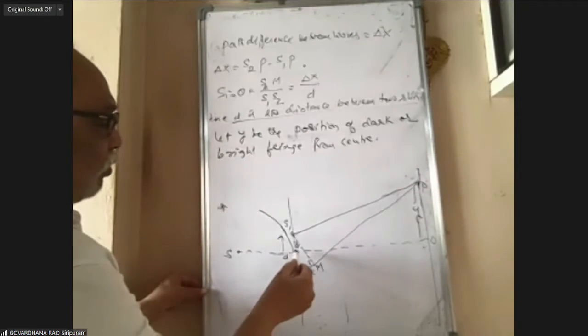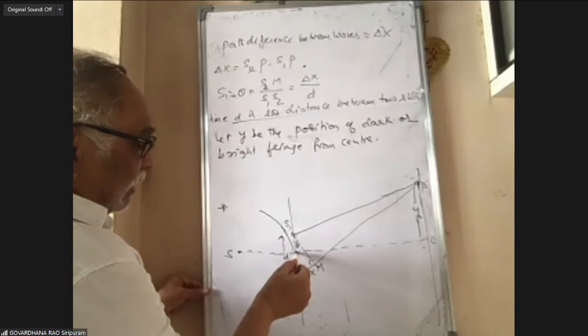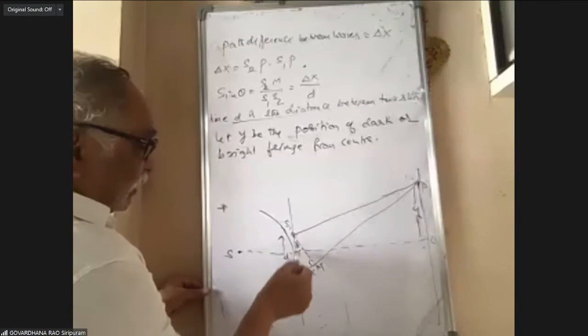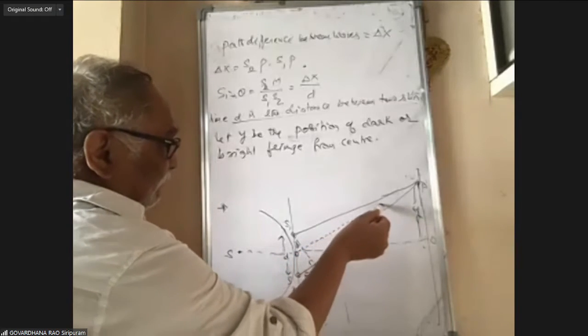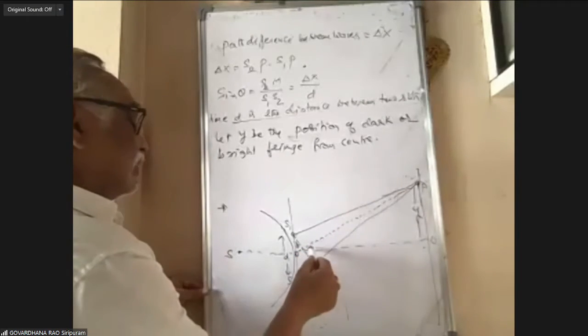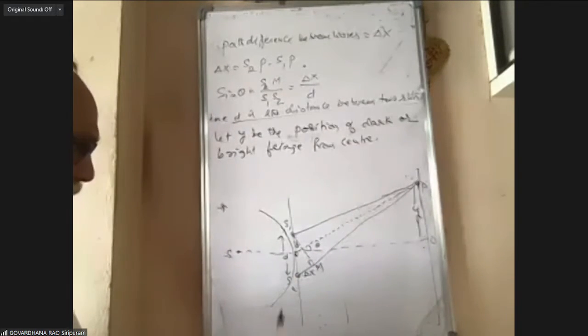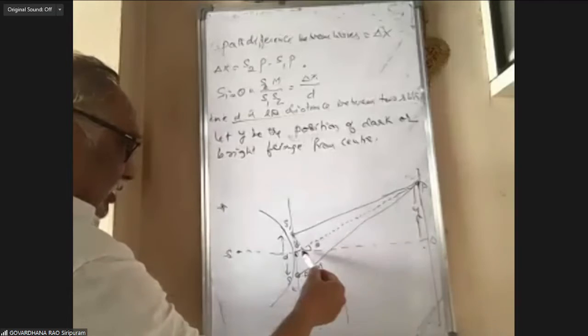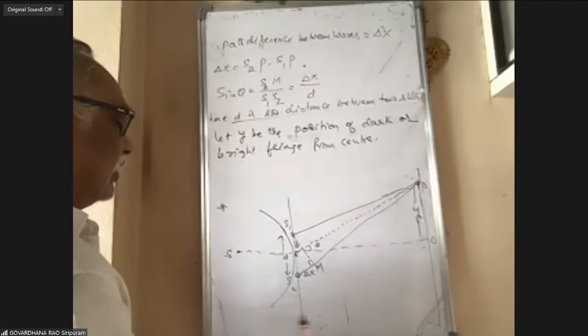Whatever this angle theta is, if you draw a straight line from the midpoint of the two slits to the point P, this angle also will be theta. This line with this line, this also is theta.